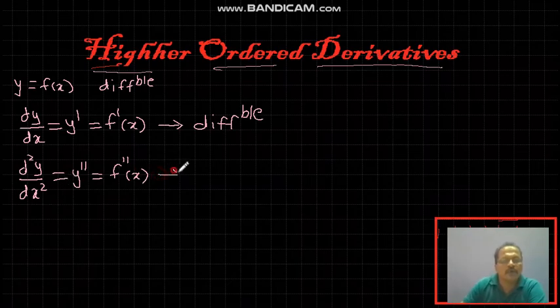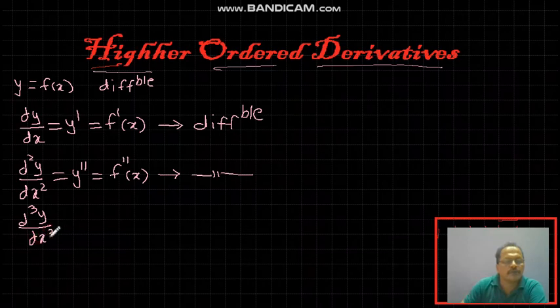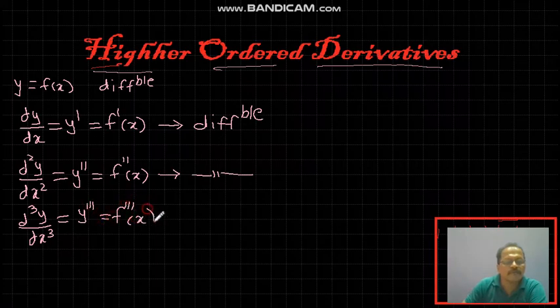If this is also a differentiable function of x, then we get d3y by dx cube on differentiation equals to y triple dash, that is f triple dash x.